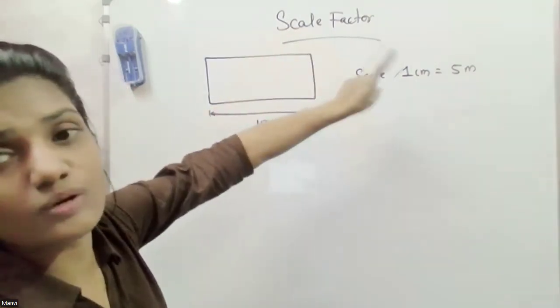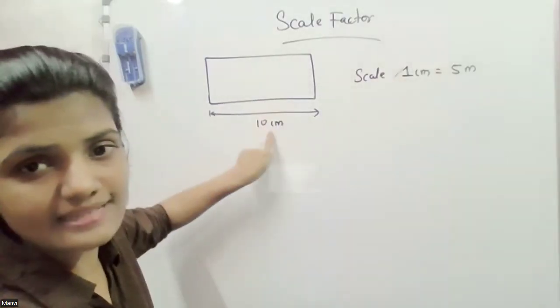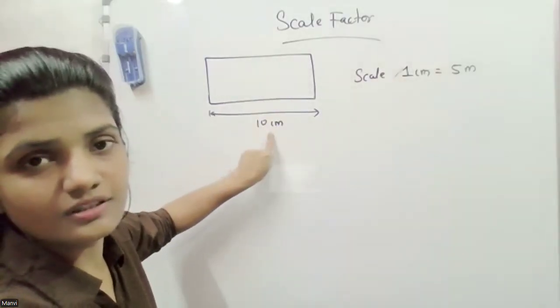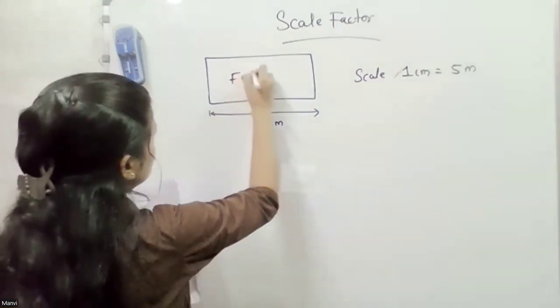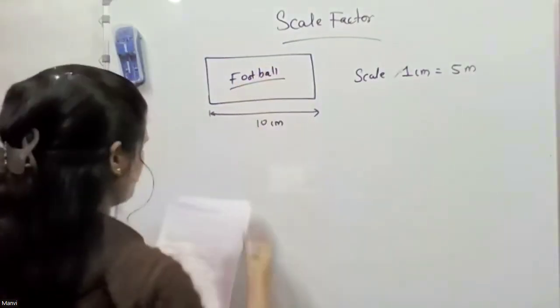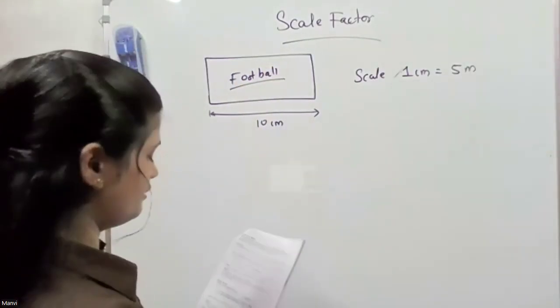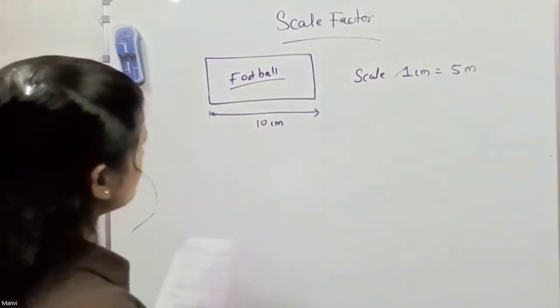The scale says 1 centimeter means 5 meters. Here we have 10 centimeters, right? That's 50 meters. So the actual length of this football ground will be 50 meters.